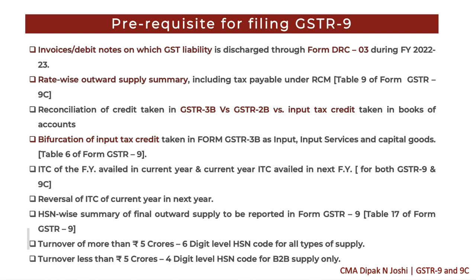Similarly, in table 13 also you are required to provide this information of ITC which is availed in subsequent period. In 9C also, in table 12B and 12C, you are required to furnish the information of credit pertaining to previous financial year taken in current financial year and credit of current financial year taken in subsequent financial year, right?